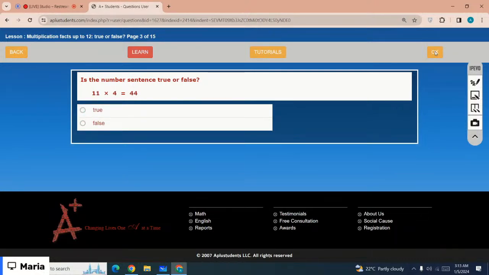Is the number sentence true or false? 11 times 4 equal 44. Which is the correct option? Yes, it is true. 11 times 4 equal 44. The correct option is true.